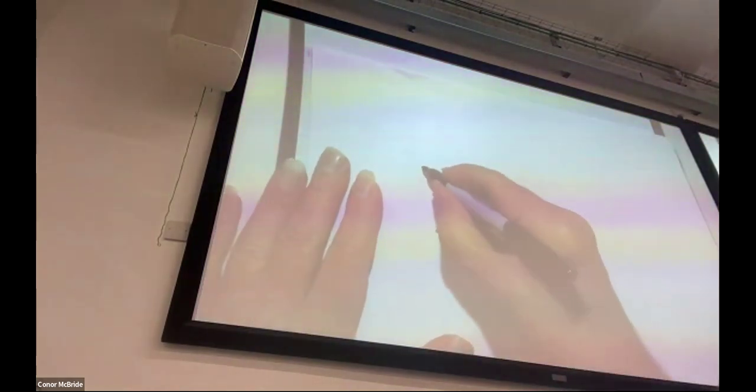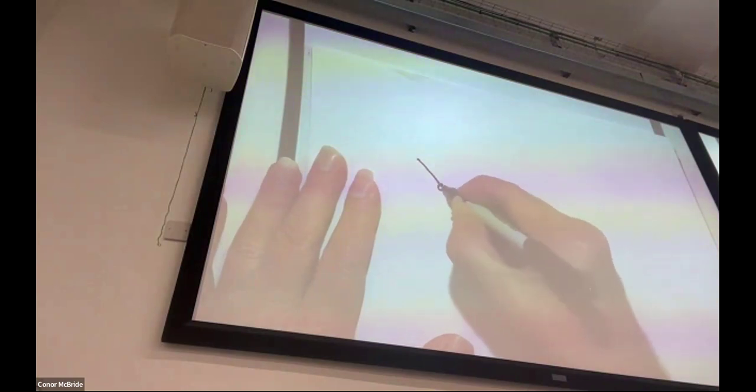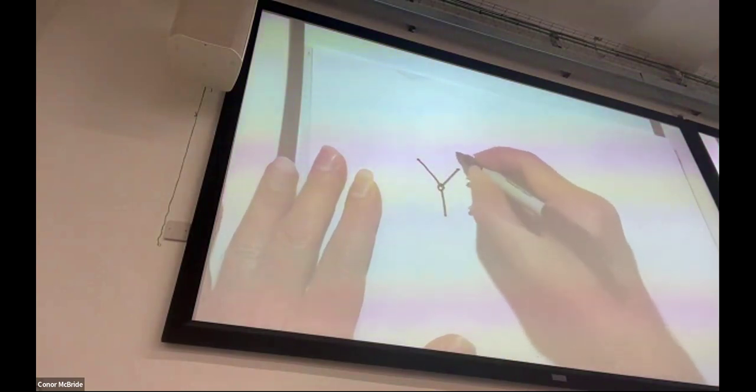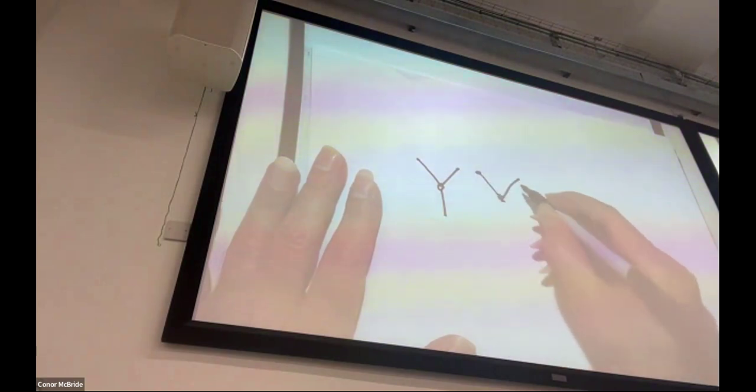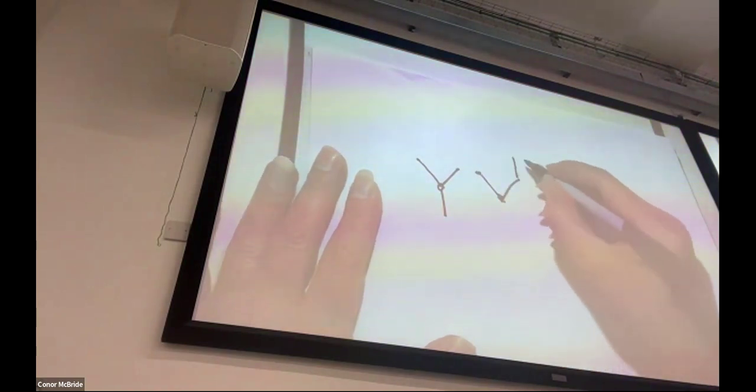Fabulous. Okay, so I'm going to draw, with my exciting collection of Sharpies, a picture of a calculation, which is going to look like this.